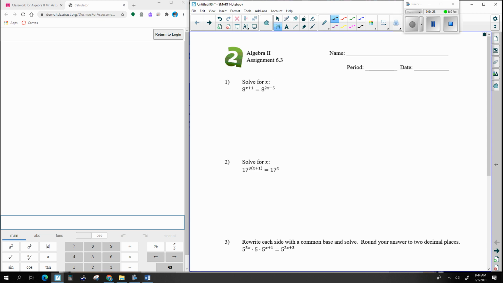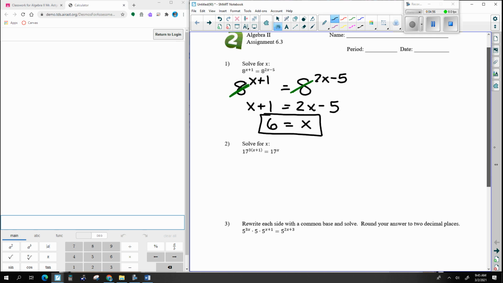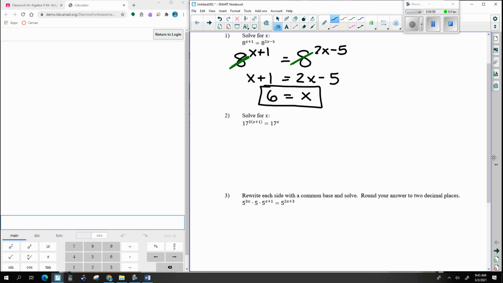All right, so here we have 8 to the x plus 1, 8 to the 2x minus 5. You notice how the bases are the same, so I can drop these 8's. And so this is x plus 1 is equal to 2x minus 5. I'm going to subtract 1x from both sides, and I'm going to add 5. Notice how the bases are the same.